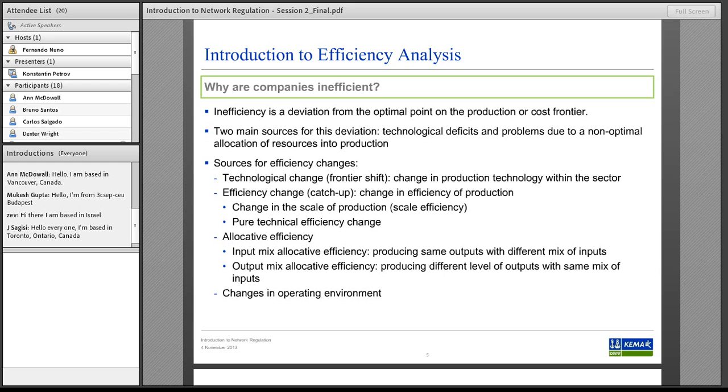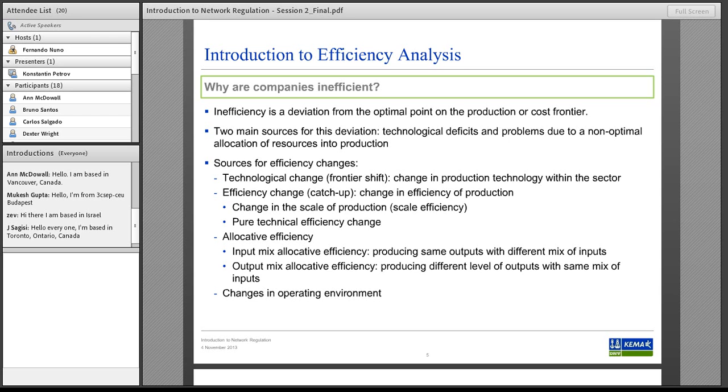Also, it is possible to use better the existing technologies, which is called the efficiency change in this case, because of better managerial methods or better use of input factors, or using better structure of the processes, we can improve the efficiency.